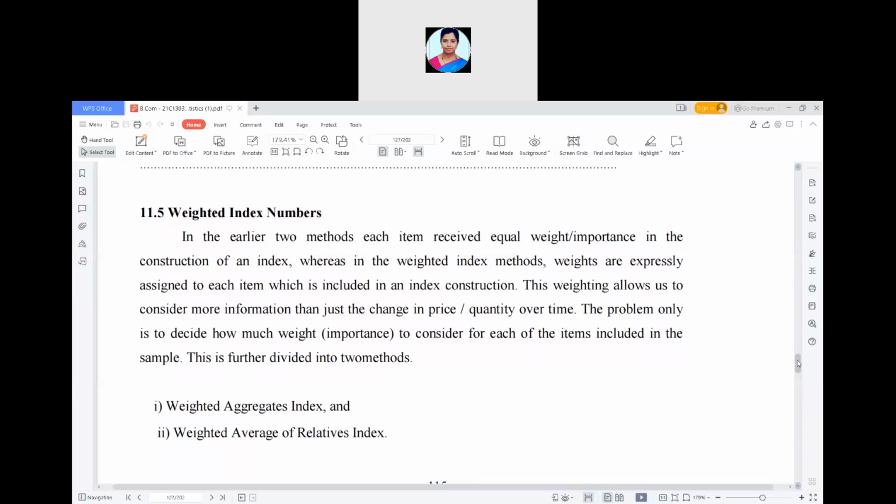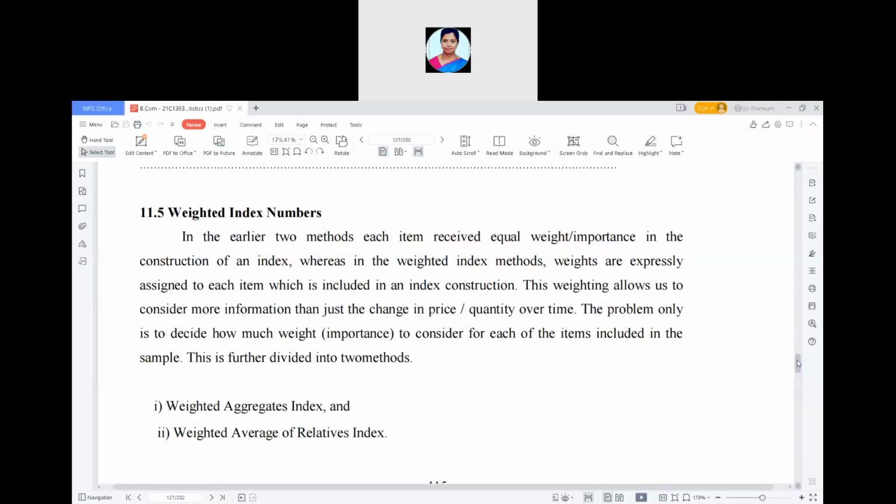Already we have discussed the unweighted index number. In the true sense of the term, we assign equal importance to all the items included in the index, and as such they are in reality weighted, with the weights being implicit rather than explicit.